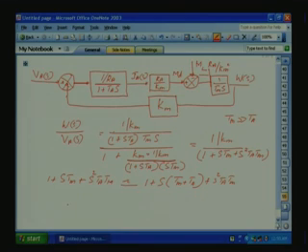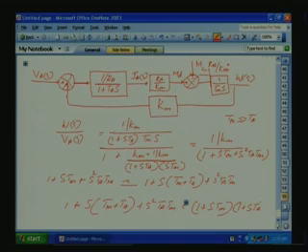So, 1 plus S into Tm plus Ta plus S square Ta Tm will be equal to 1 plus Stm into 1 plus Sta.